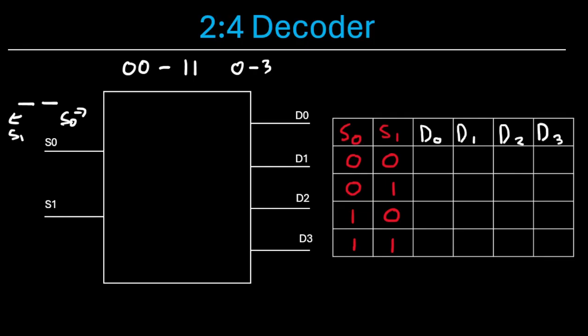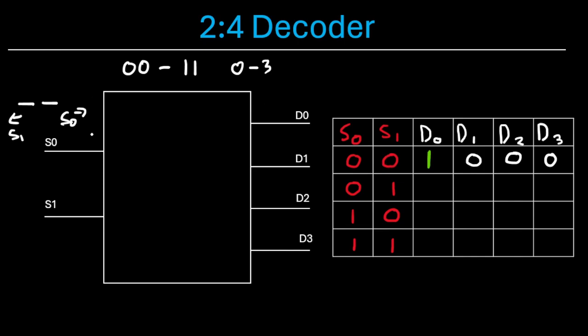So going through the inputs and outputs here, if we input 0, 0, that's binary 0, so our output should reflect that in decimal, meaning that D0 pin is going to be on, and all the other pins are going to be off. Now you'll notice for these active high decoders, only one decimal output pin can be high at a time, which makes sense, right?